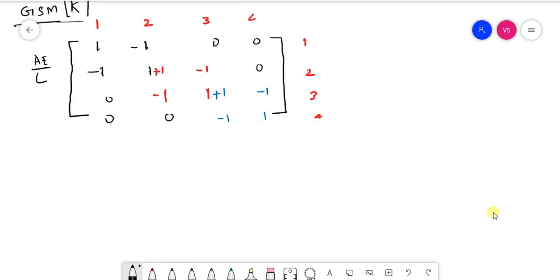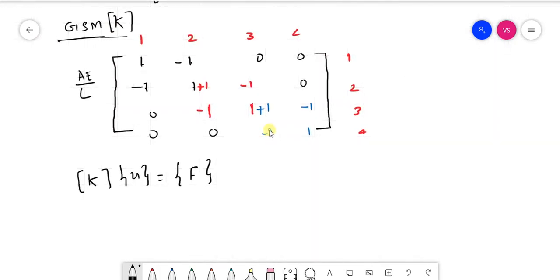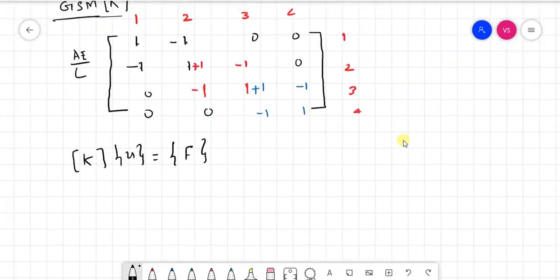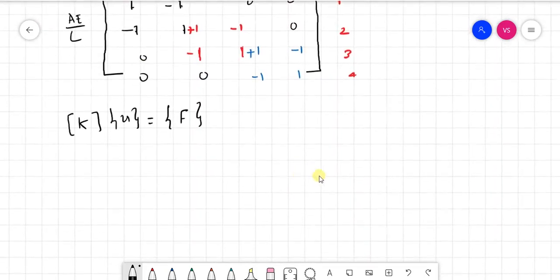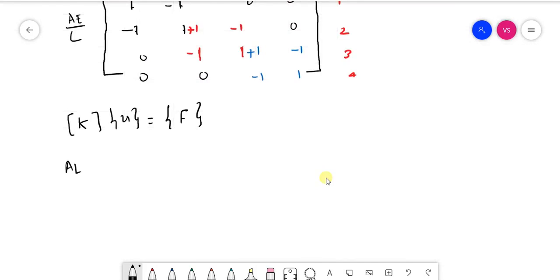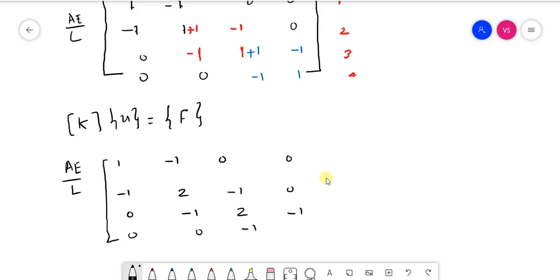Now we have to write that equation, which is K times U equals F. For me, K is AE over L times the matrix 1 minus 1 0 0, minus 1 2 minus 1 0, 0 minus 1 2 minus 1, 0 0 minus 1 1.